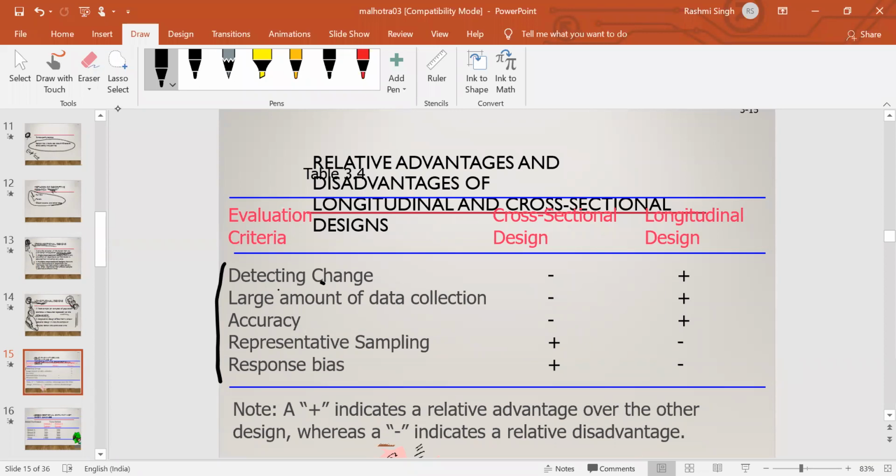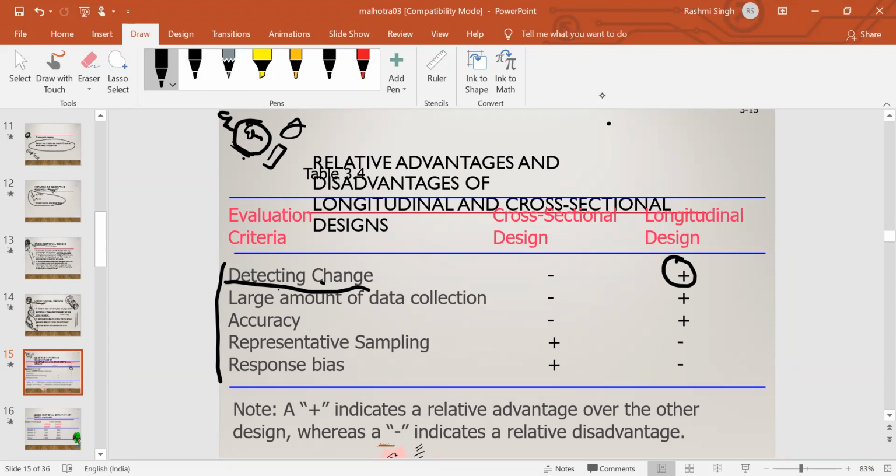Disadvantage in terms of, in a cross-sectional study, you cannot detect the change in consumer behavior. But in case of longitudinal research design, you can easily detect the change. If I say consumer behavior towards any particular store, in order to know the behavior, you simply have to check the change in consumer behavior. Then you have to perform the longitudinal study, because how else will you measure this change in behavior?